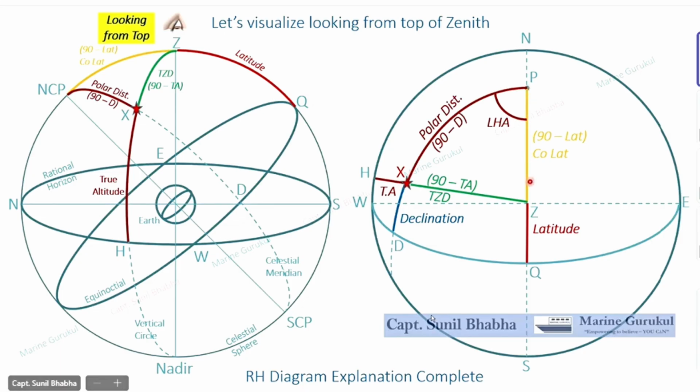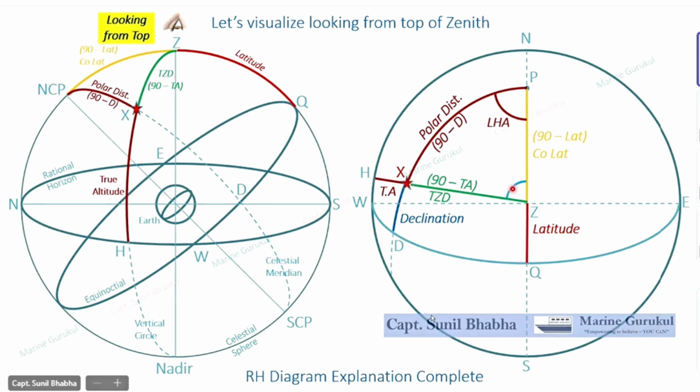Now let's have a look at angle Z of this triangle. That is P Z X, the blue color angle which you see in the diagram. This is the angle between the celestial meridian of the observer, which is PZQS, and the vertical circle passing through the body. The vertical circle passing through the body is ZXH.